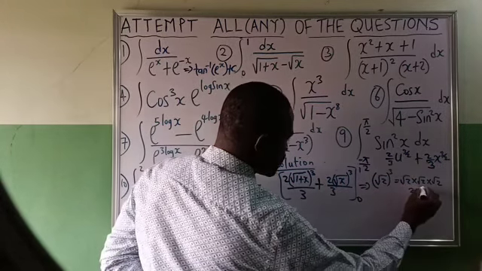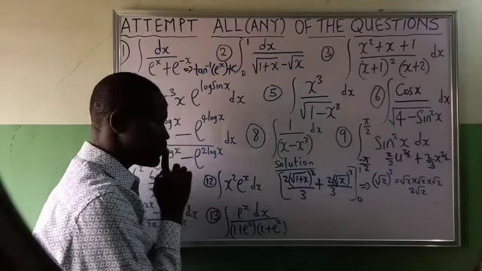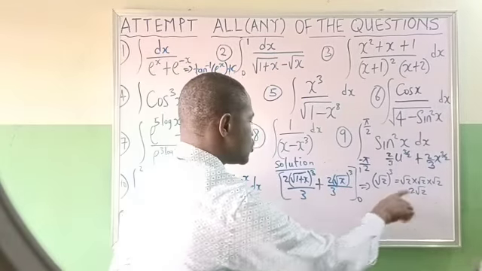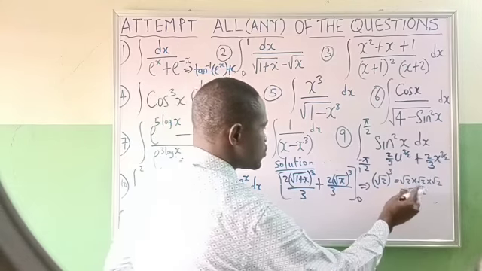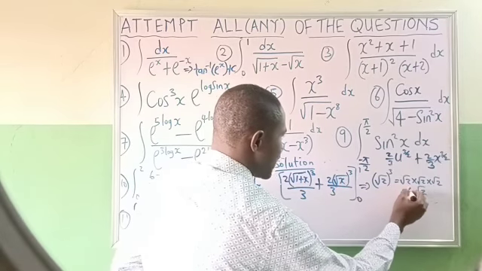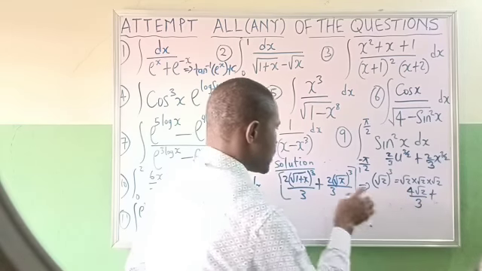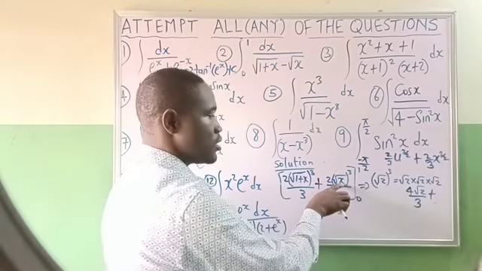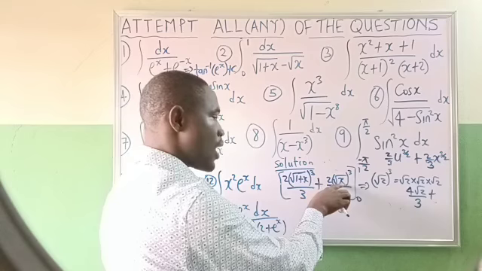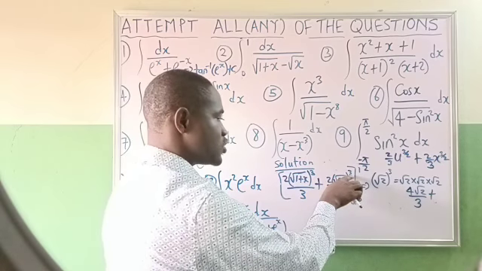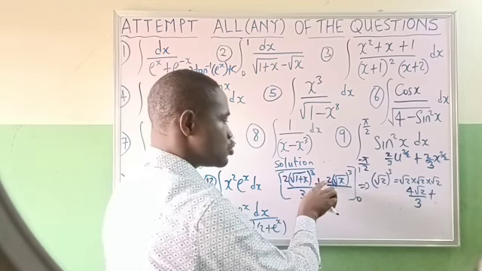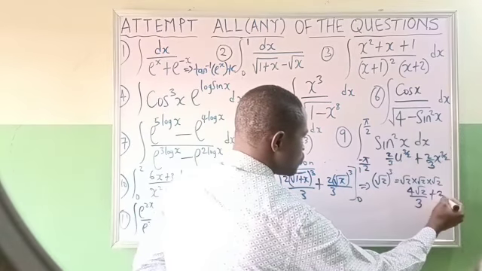Now, 2 root 2 times this 2 outside will give me 4 root 2, all over 3. Plus, I'll carry 1 and put here. Square root of 1 is 1. 1 raised to power 3 is 1. 1 times 2, 2. 2 over 3.